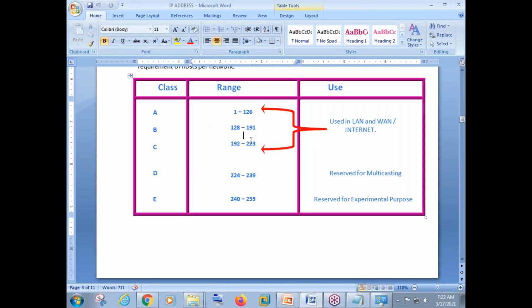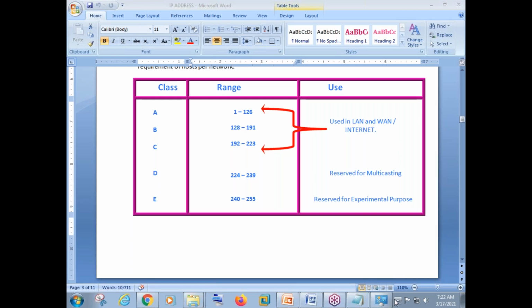But they have selected some random numbers here, right? 128 to 191 is not an easy number. 192 to 223 is not an easy number. So the question here is, on what basis they have selected these numbers as the range of each class.